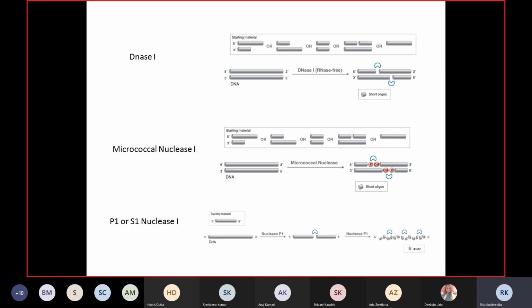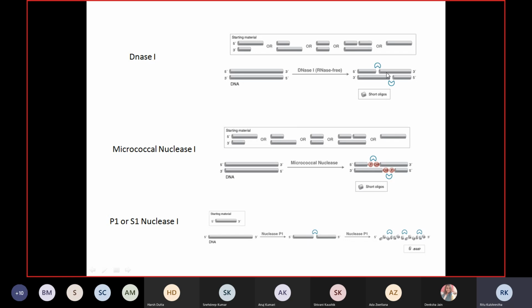They check what its various properties are, and then they report them in the brochure they put on the web. So you can go through those details if you are interested. But in more layman terms, in general, they are non-specific endonucleases, and that's how they differ from restriction endonucleases.